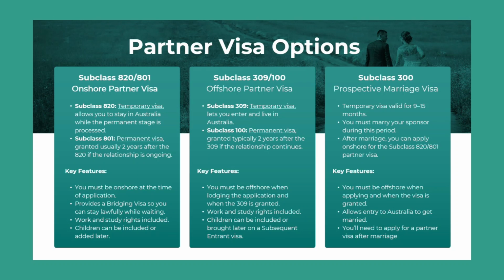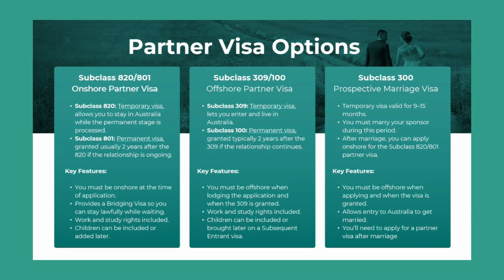As I've said, the department will not require too much documentation, unlike the partner offshore visa. But we need to remember that for the prospective marriage visa, the applicant and the sponsor need to be, for example, separated or divorced at least, or never been married.